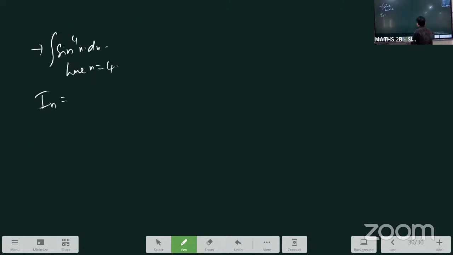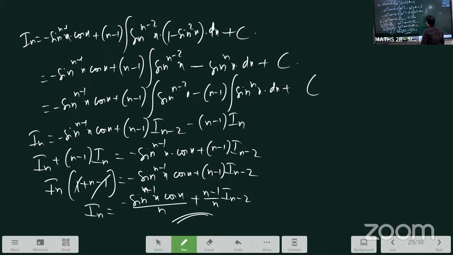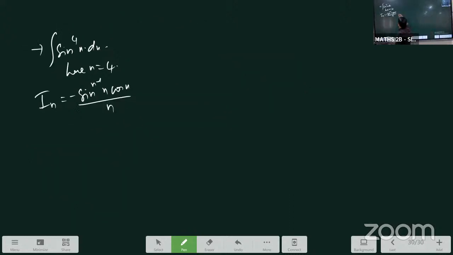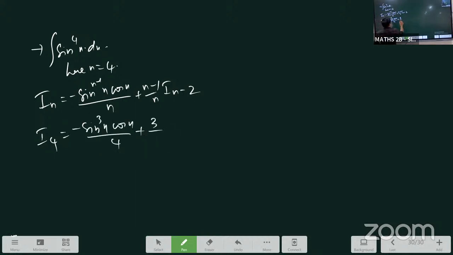Minus sin^(n-1) x cos x by n plus n minus 1 by n I(n-2). So here I start with I4 equals minus sin cube x cos x by 4 plus 3 by 4 I2.